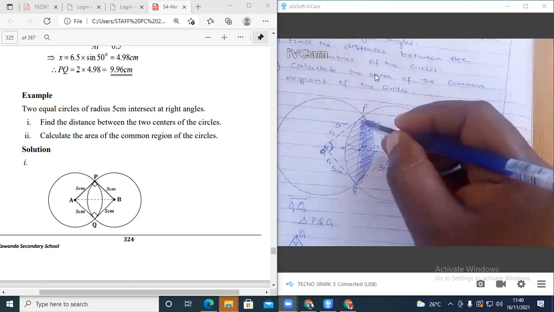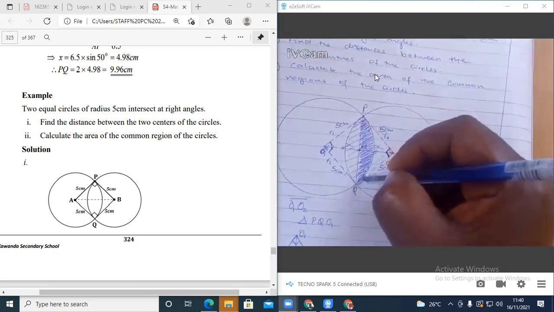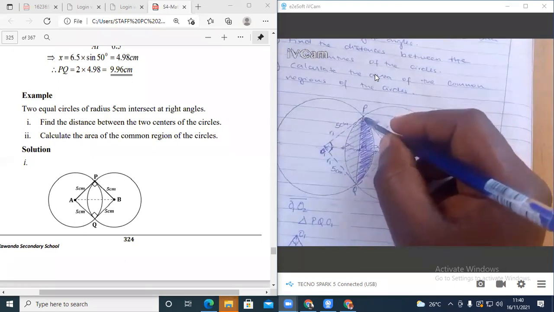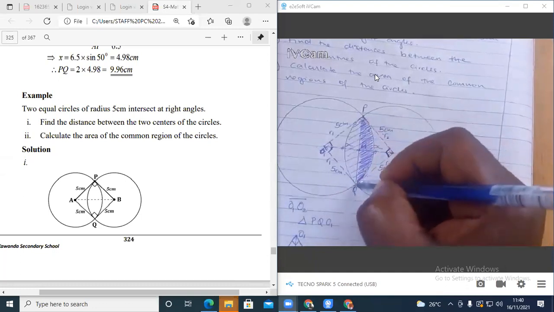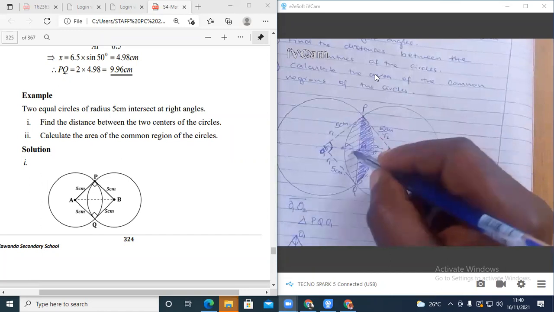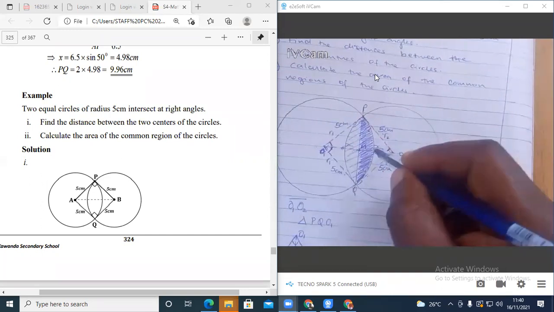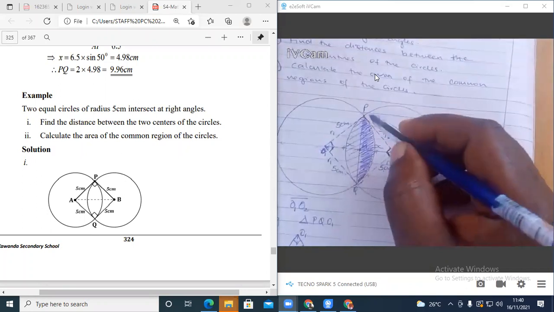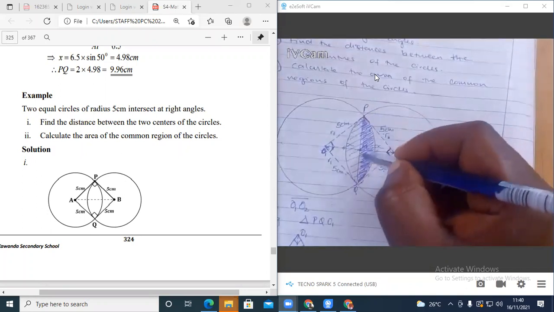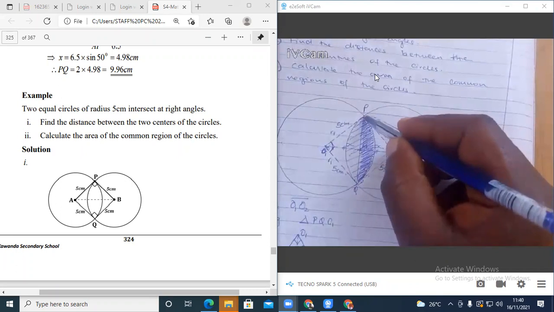So if I find this shaded part, it is the same as this part here. So they are equal. Why are they equal? Because they are circles of the same radius. So what you need to do is to find this shaded part and find its area.